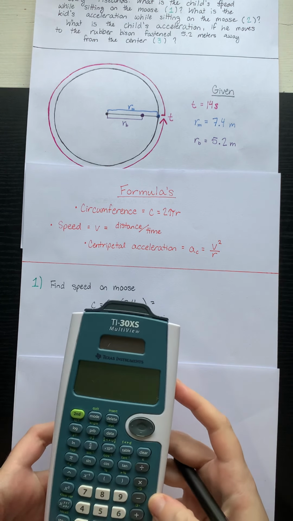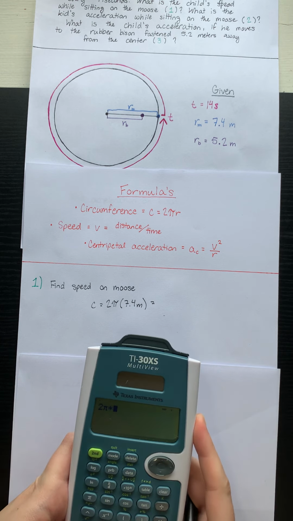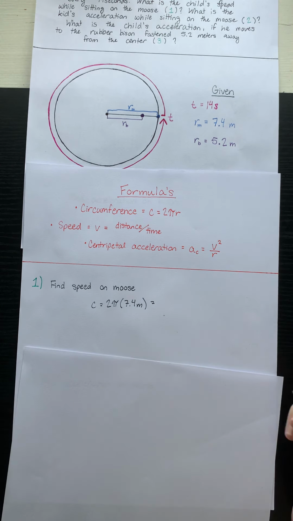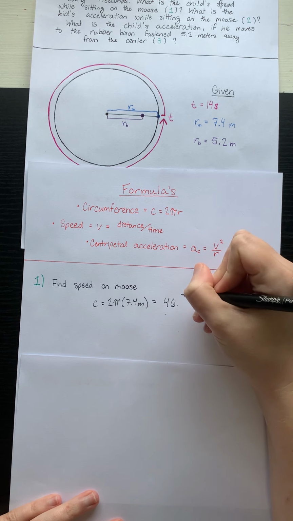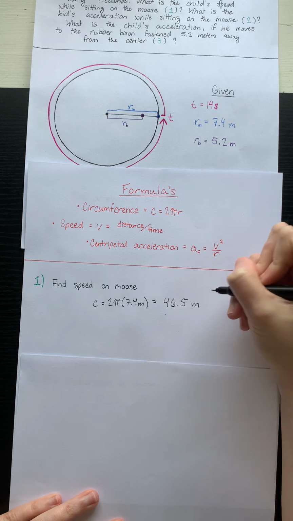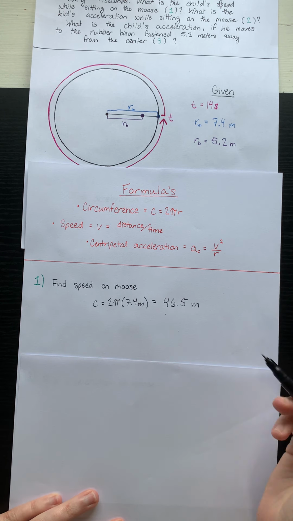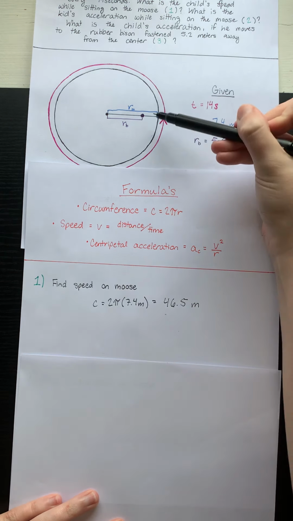This equals 46.5 meters. Now we also know that while this is the circumference, it's also our distance all the way around.